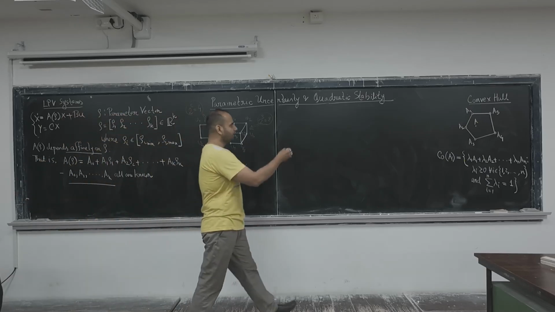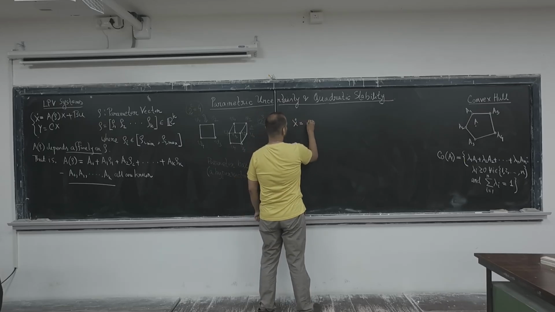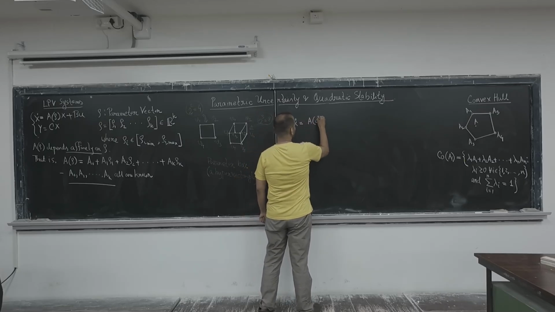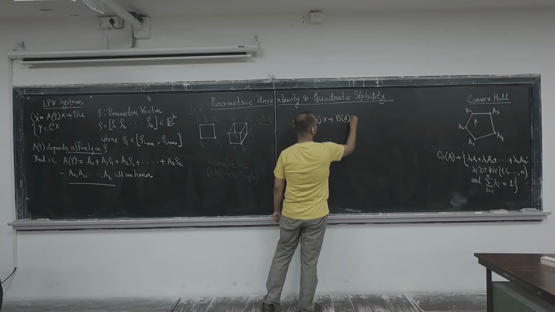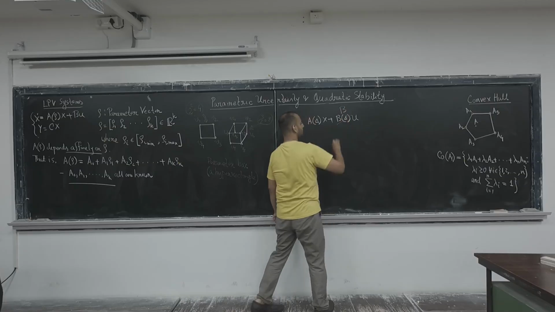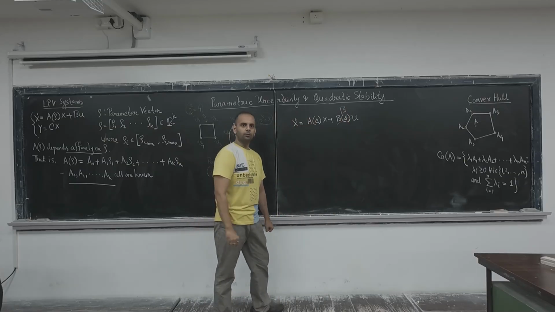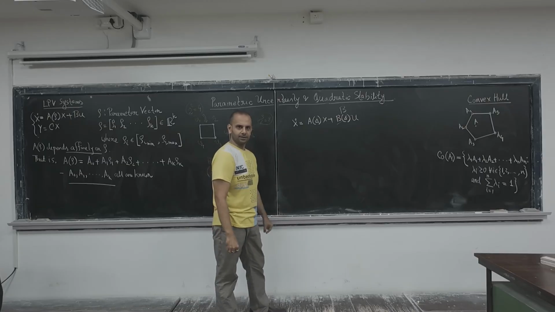Now, suppose you represent x dot equals A plus capital delta x plus B u, or simply you can write B, where only A is uncertain, okay?